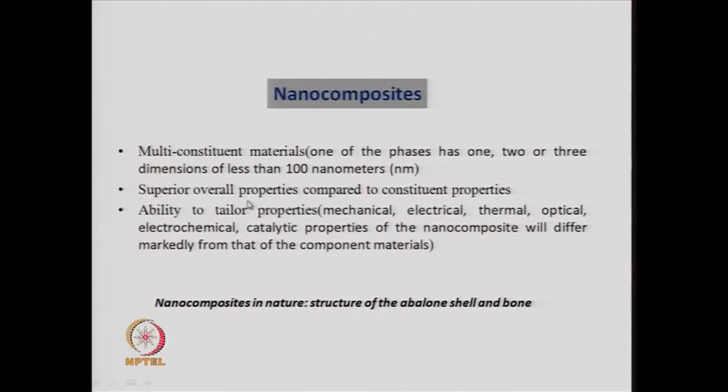Now, why are nanocomposites important? Because they will have superior overall properties compared to the constituents. So, you have 2 constituents A and B, where A is a nanoparticle and B can be a nanoparticle or not.